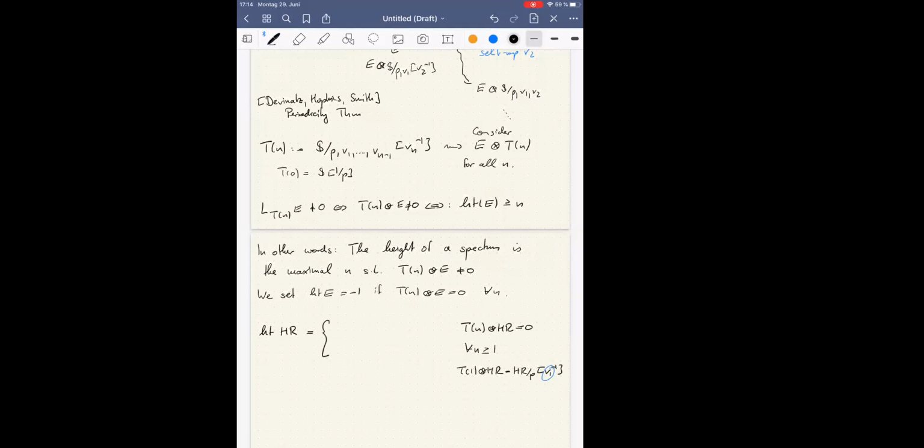And essentially by definition, we have that it's -1 if R is in characteristic P in this sense, and 0 otherwise. So we have this.